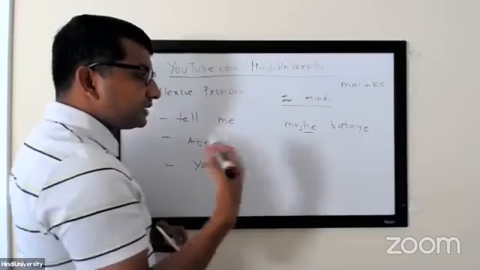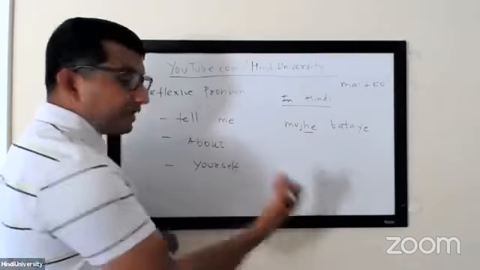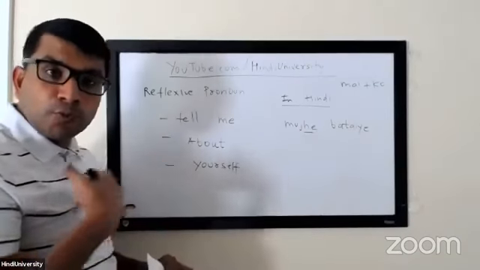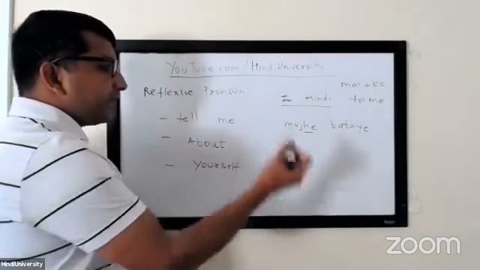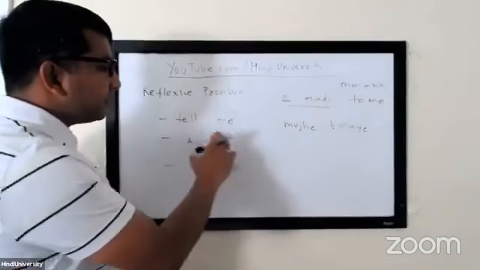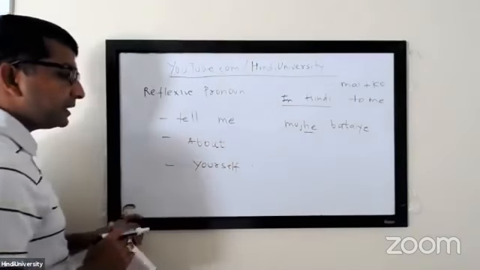You add the ko, and मुझ plus ko is मुझको or मुझे. So in Hindi, when you want to say tell me, that means tell something to me. So to me is basically मैं plus ko, which is मुझे. And to tell is बताना, but because the tone is imperative, you're saying मुझे बताओ or मुझे बताइए.